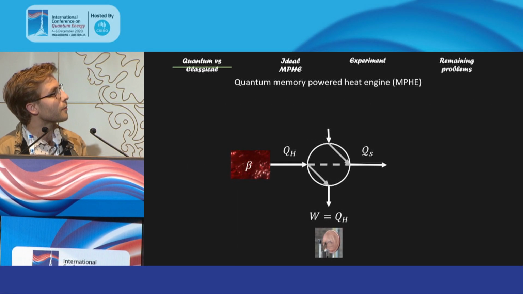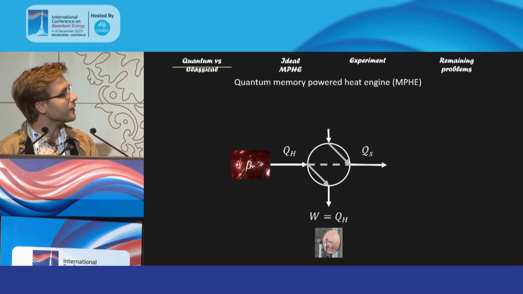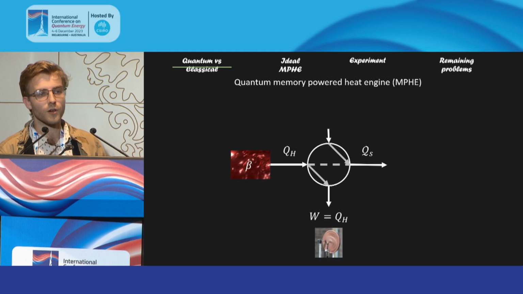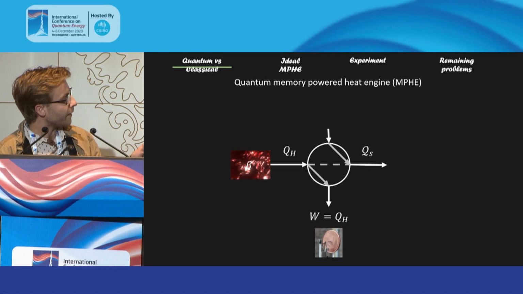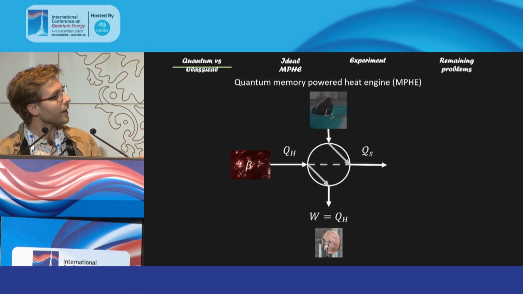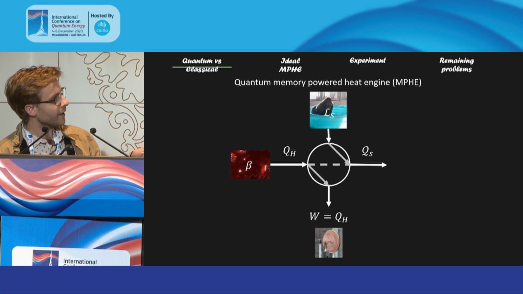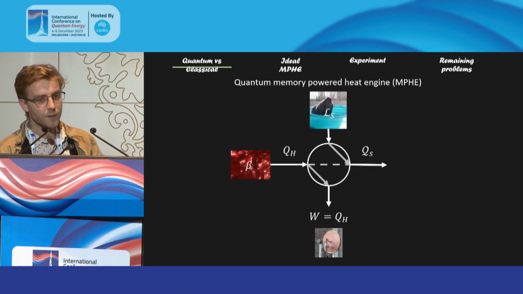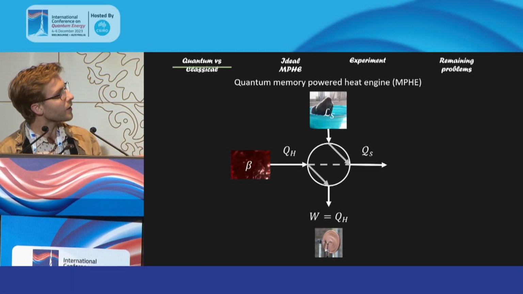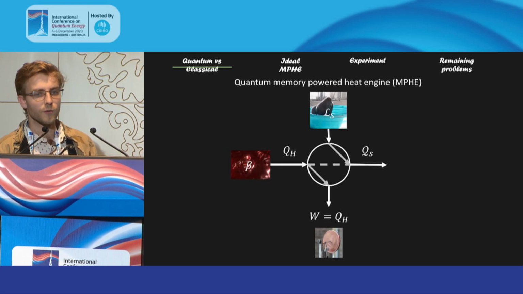So the quantum memory-powered heat engine. In the ideal case, you want to have a heat bath with heat energy, and you extract all that energy as work. And then we still need to pay for that entropy cost, that entropy increase. And we're hoping to do that using what is effectively a spin work. So spin labor is the term for it, which is the spin equivalent of work.